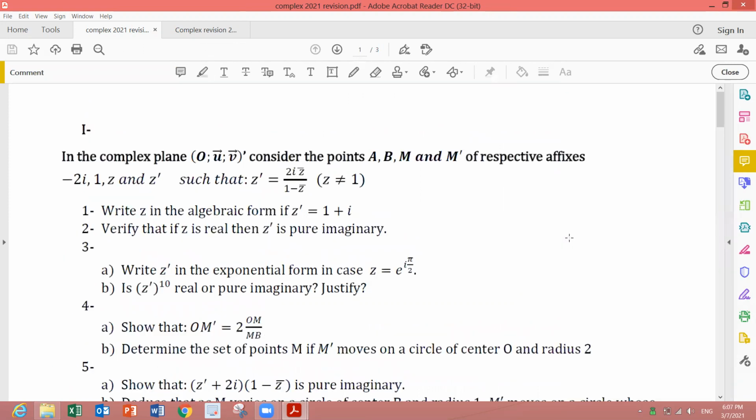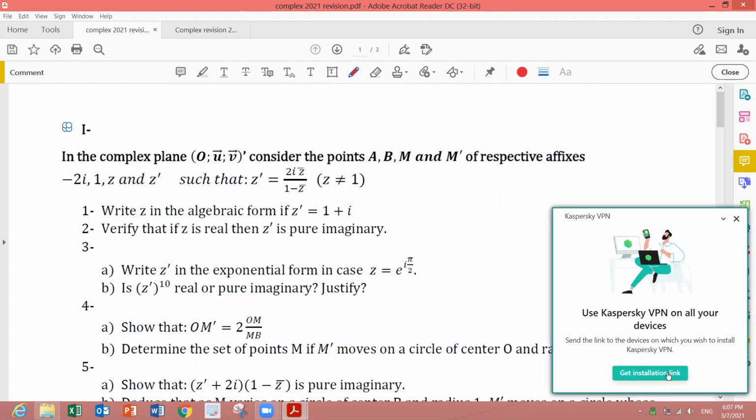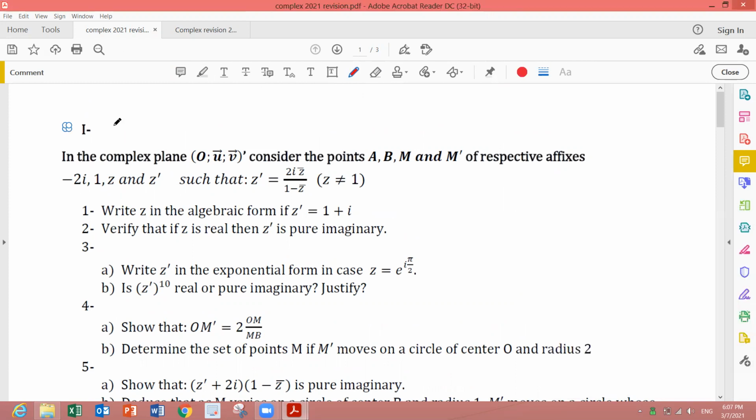We have the points A of affix minus 2i, that is ZA equals minus 2i, and ZB equals 1, ZM equals Z, and ZM prime equals Z prime.